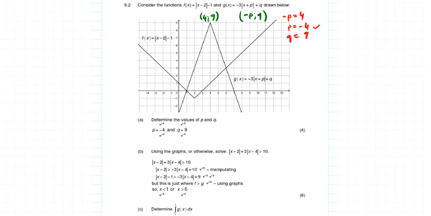Okay. Now, using the graphs or otherwise, solve this equation. So how can we use graphs? Think on it. We will just rewrite these equations with the formula. What we have, f of x, we already know, but now g of x is negative 3x minus 4 plus 9.